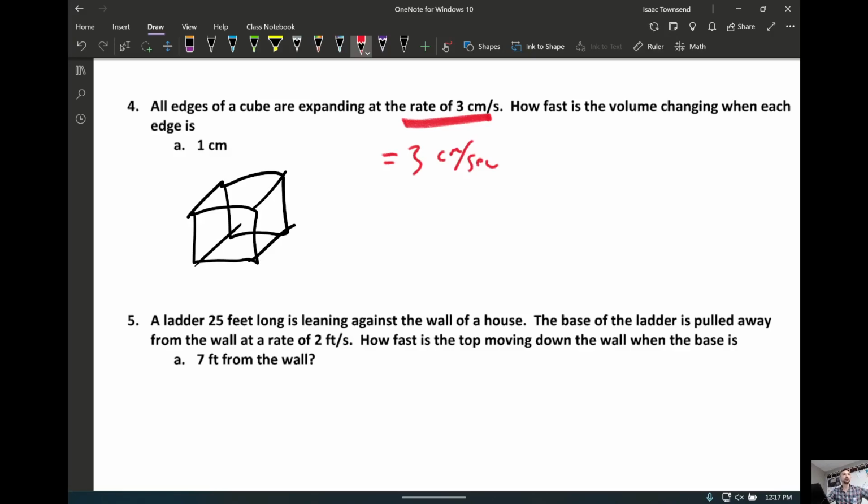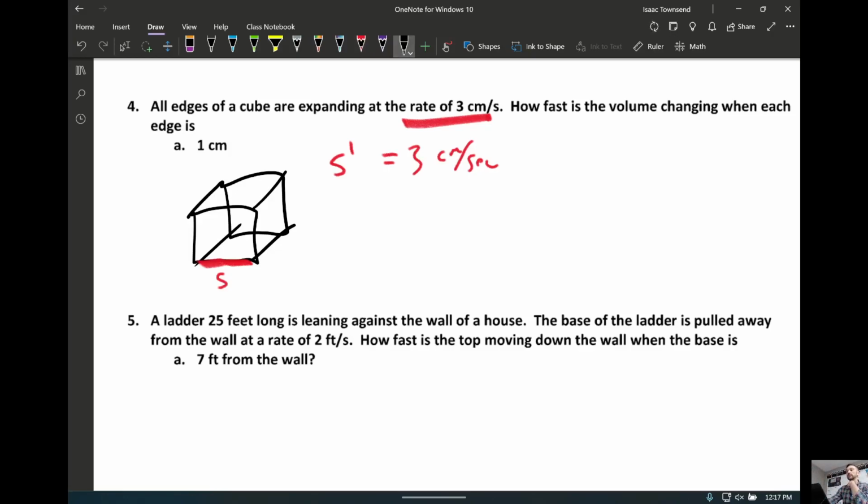Is that the volume? Well, volume would have to have cubic units. So if this was centimeters cubed, then surface area, okay, area has squared units. The lines, like width. Okay, so I'm going to call that S. So this is S prime. The rate of change of the side lengths is 3 centimeters per second.